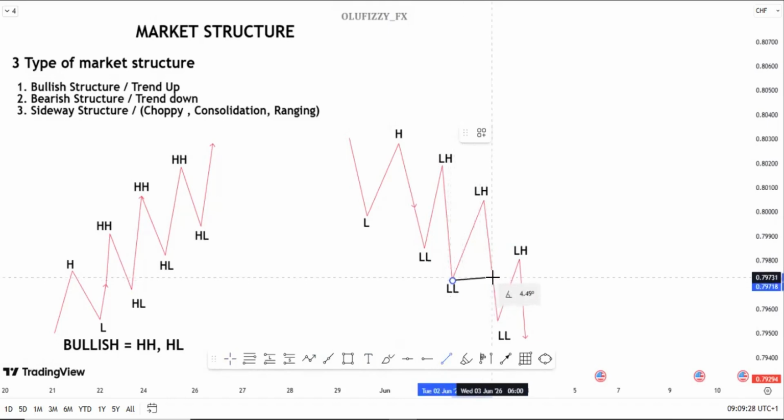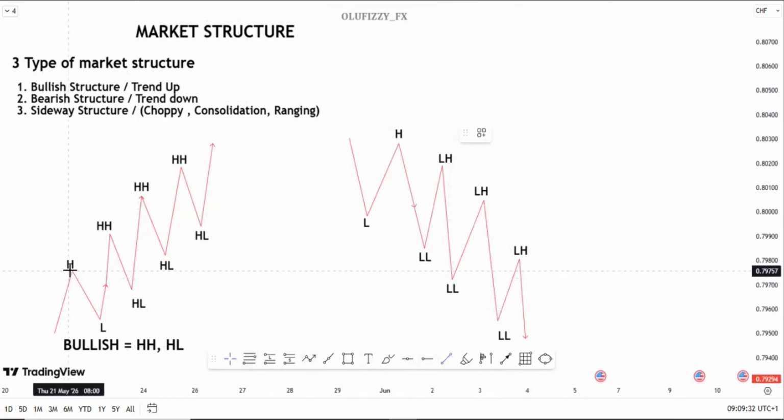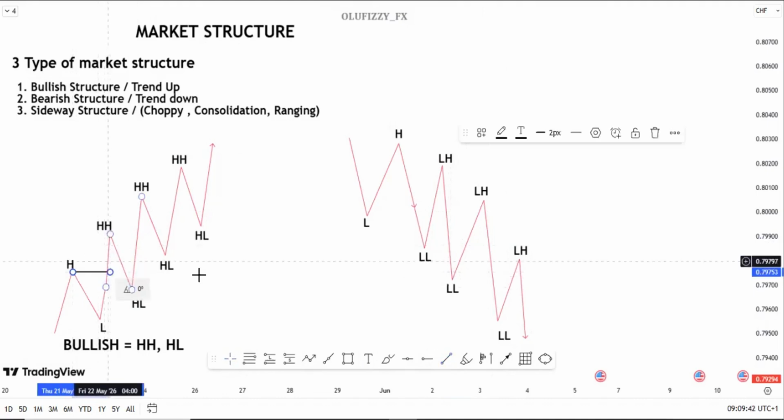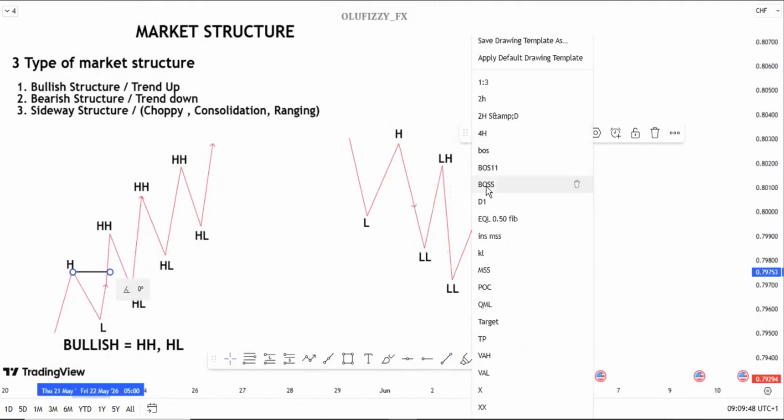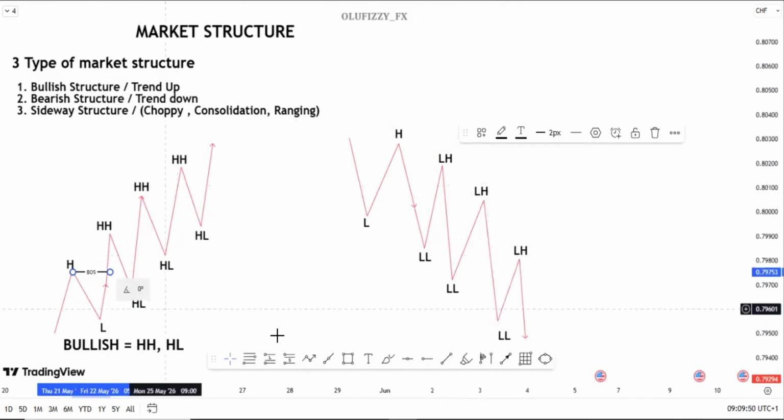bearish market structure. And what happens when price takes out this high? When price breaks this particular structure here in this bullish market structure, it is what we know as a break of structure, because price broke this high, which is BOS. Same thing here.